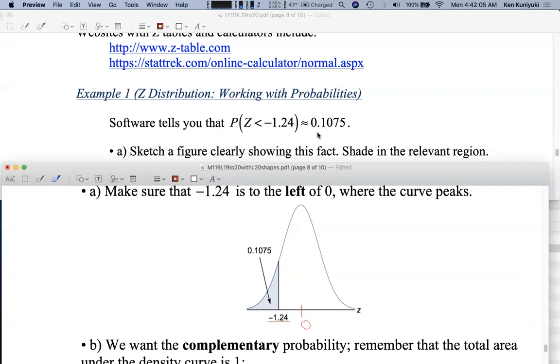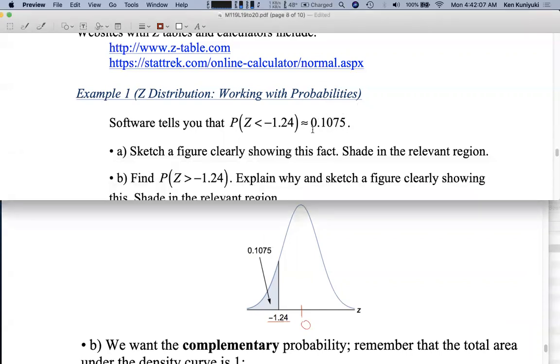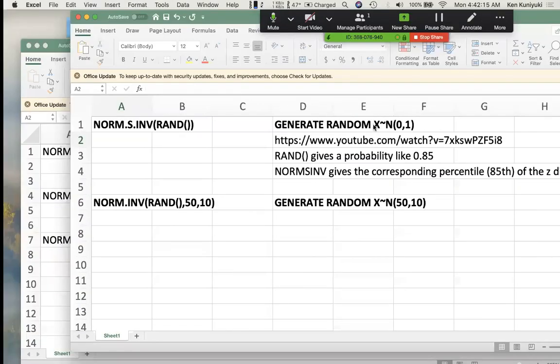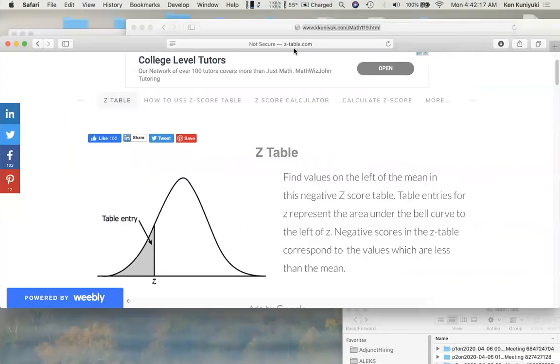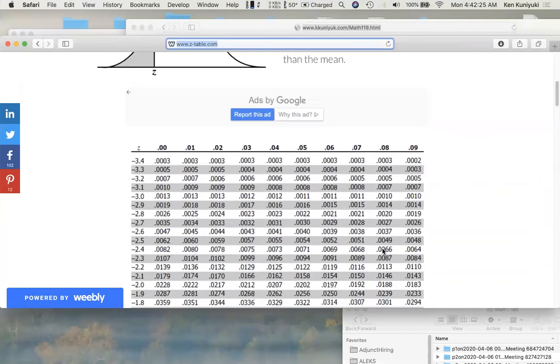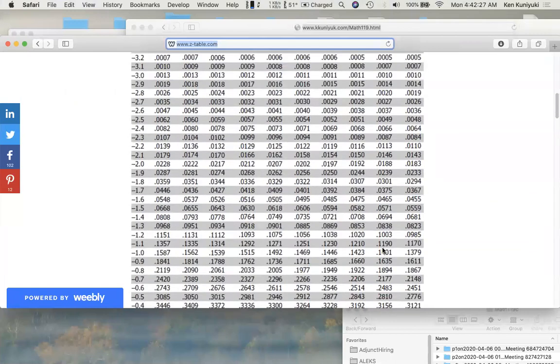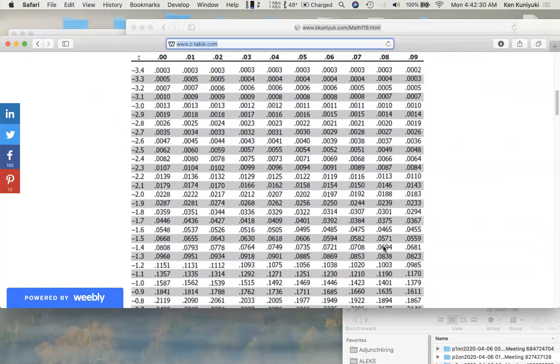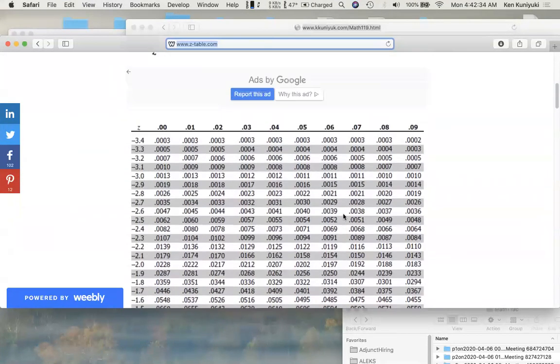Now, you might be curious how you can get this information from free online software. Well, I'll show you. The probability that z is less than negative 1.24. How did we do this in the olden days? This is ztable.com, very appropriately named. And this basically gives us a table, which used to be in the old school textbooks. The textbooks still have these, where on an exam, students might be asked to pull out and work with these print tables.